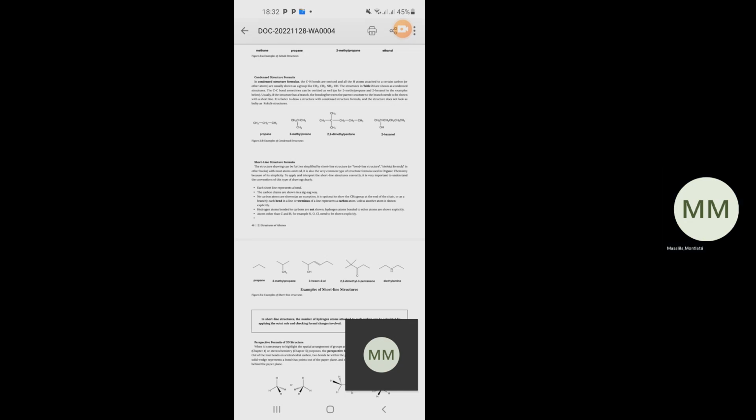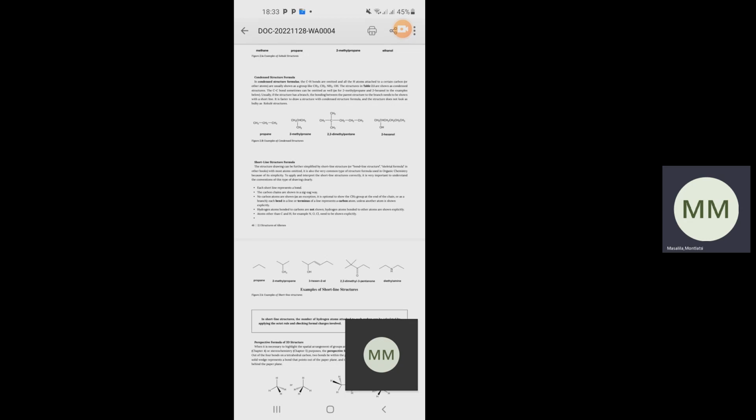So in short line structure, we don't represent the carbon. The carbon, we don't care about it. The hydrogen, at the corner, is hydrogen automatically. But because CH3 is a sort of a functional group there, for that case, CH3, 2-methyl propane.